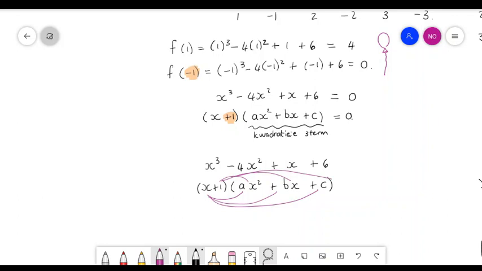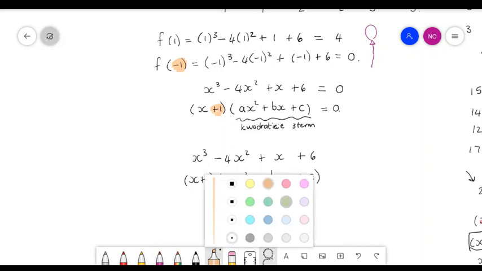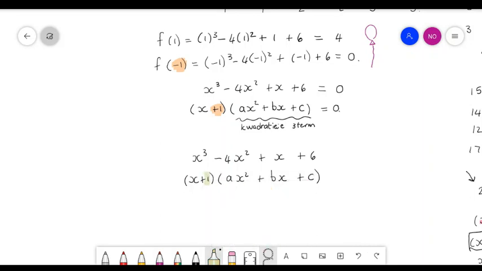If I go and do that, then the only two things that I multiply with one another that will give you a constant is when you do this. This times this. Alles anders gaan 'n x of 'n x kwadraat of 'n x tot die mag 3 hê.